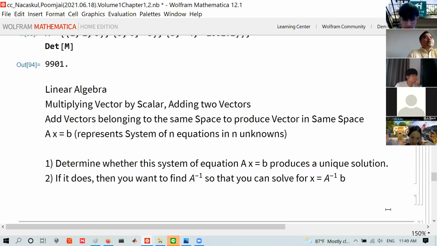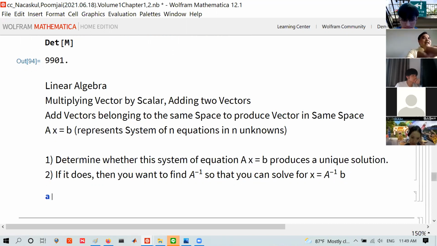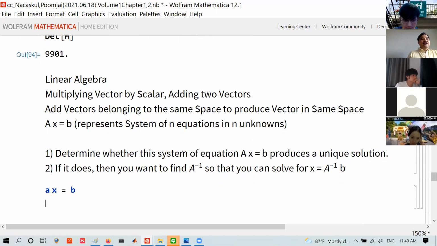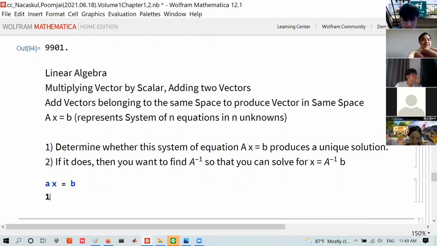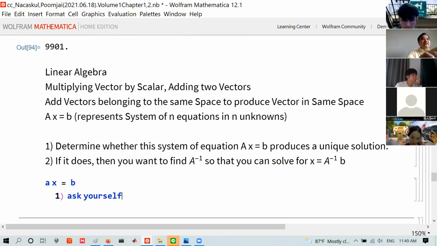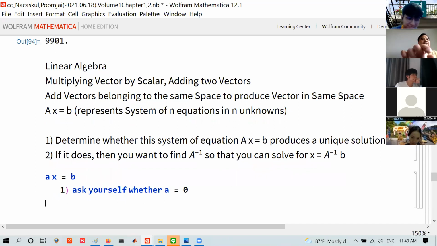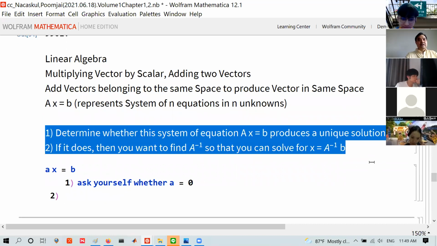But let me go back to when you were in grade school. AX is equal to B. When you see this in grade school, you have to, one, ask yourself whether A is equal to 0. Two, let me repeat this two-step.